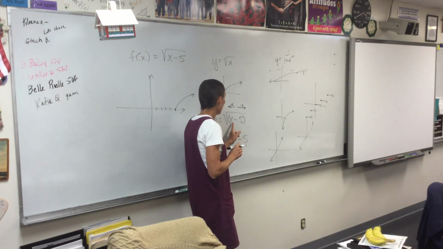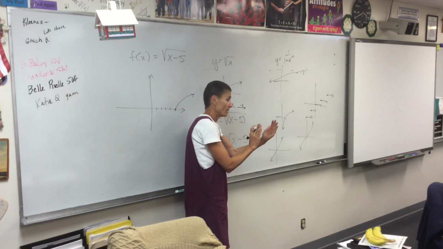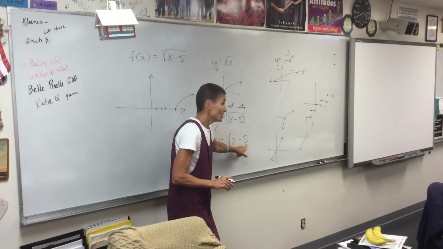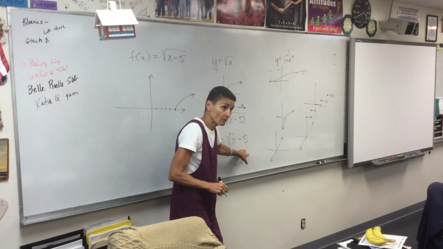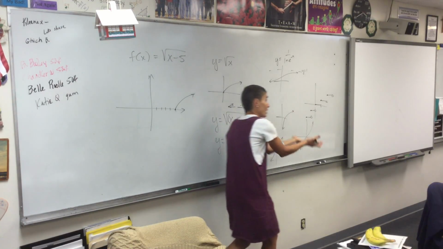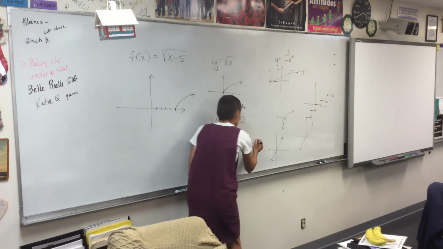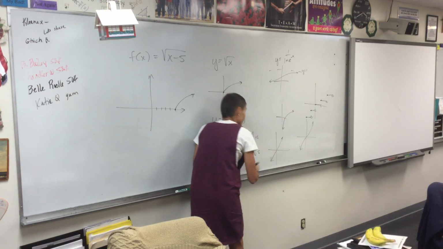If I group with the x, it's sideways, because x is sideways movement. This one is not grouped with the x. So what do you think that's going to do? That's going to take you down 5. If it's not grouped with the x, if it's just a number stuck on the end, it's going to go up or down. Positive goes up, negative goes down.